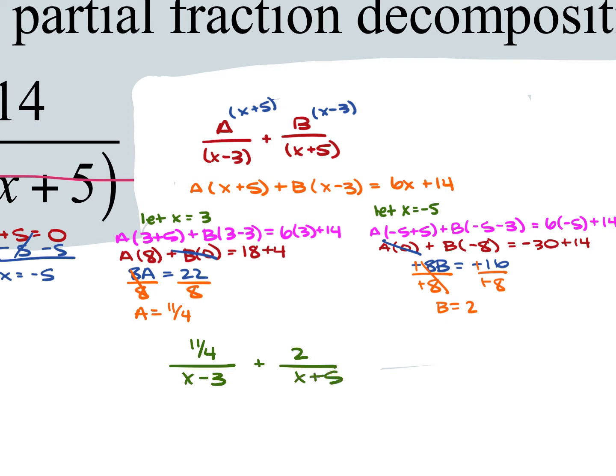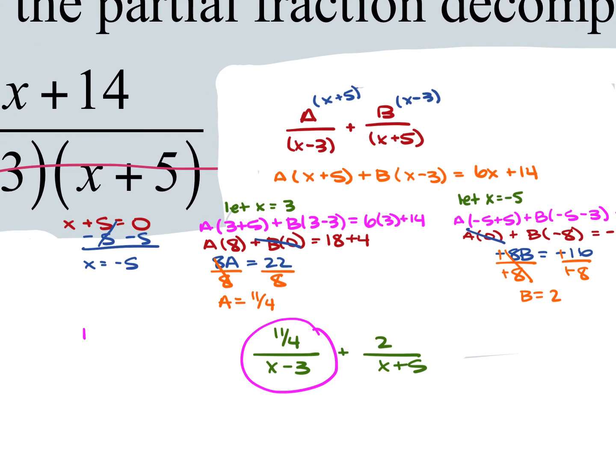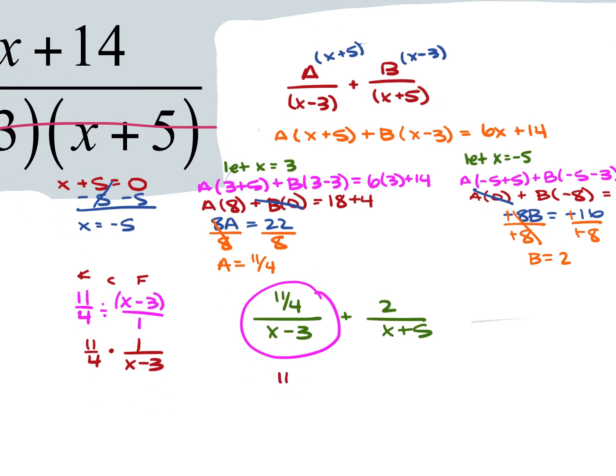You're going to rewrite this because this fraction that you started with here is the same thing as saying 11 over 4 divided by x minus 3, which is x minus 3 over 1. So keep, change, flip. So that's going to be 11 over 4 times 1 over x minus 3. So that's going to just give us 11 over 4 times x minus 3 plus 2 over x plus 5.